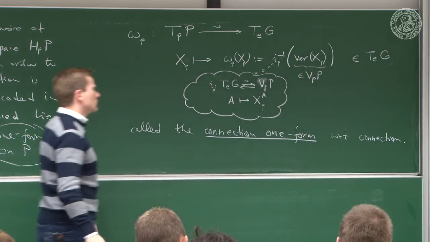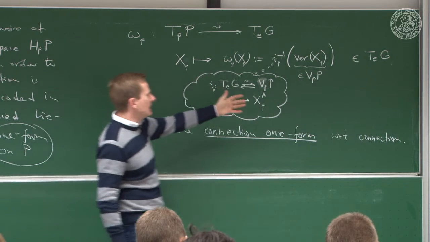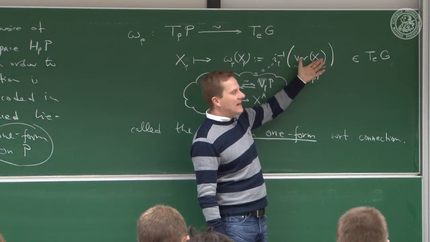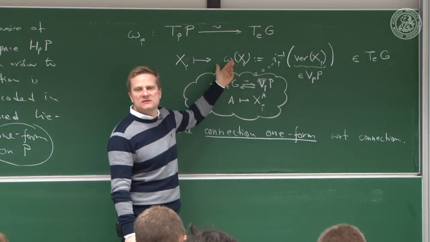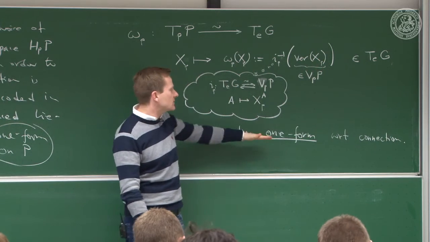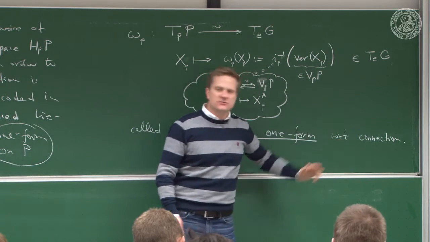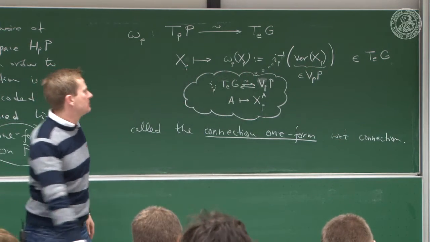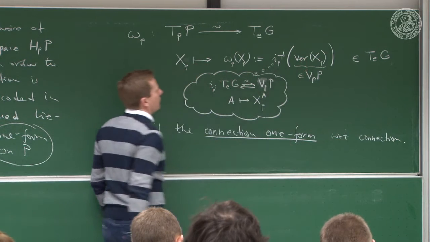Okay, so the connection is a choice of horizontal subspaces, and once I have such a choice, I can define this form. So it's the connection one form with respect to a given connection, the connection being hidden in this vertical part.